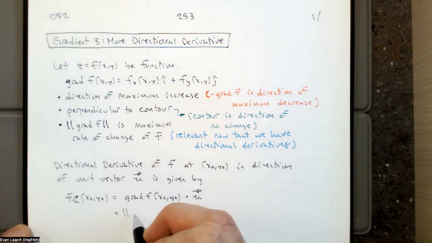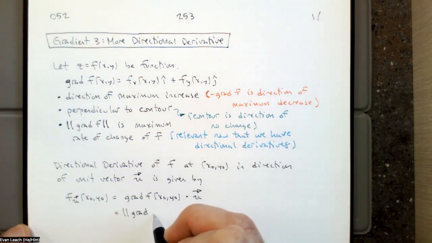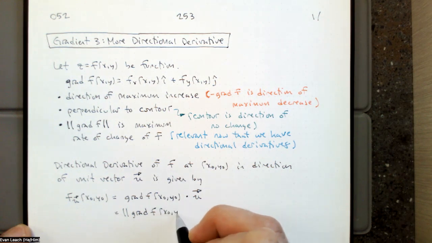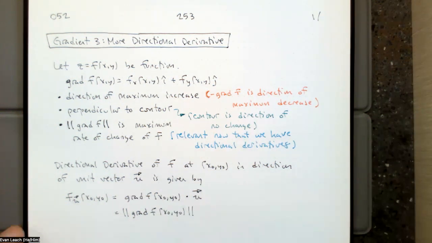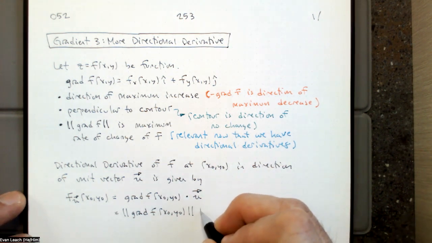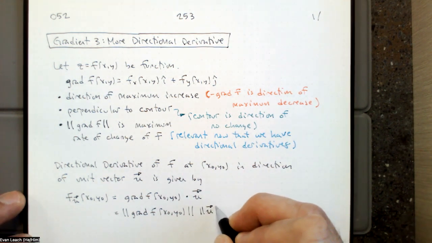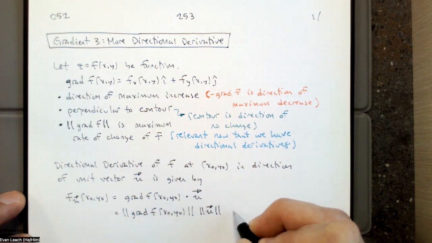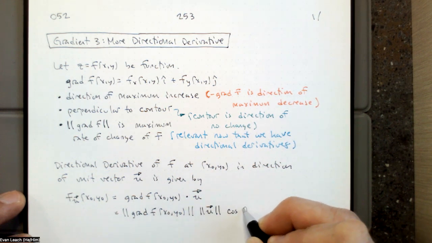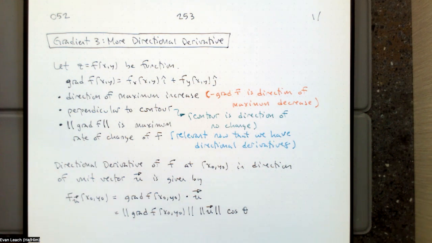So I take the magnitude of the gradient, that's the maximum rate of change of the function at that point, and I multiply by the magnitude of the unit vector, multiplied by the cosine of the angle between the gradient and the unit vector. The magnitude of the unit vector is 1.